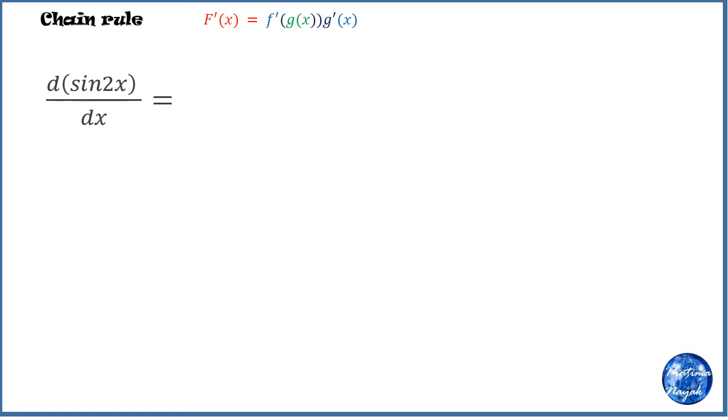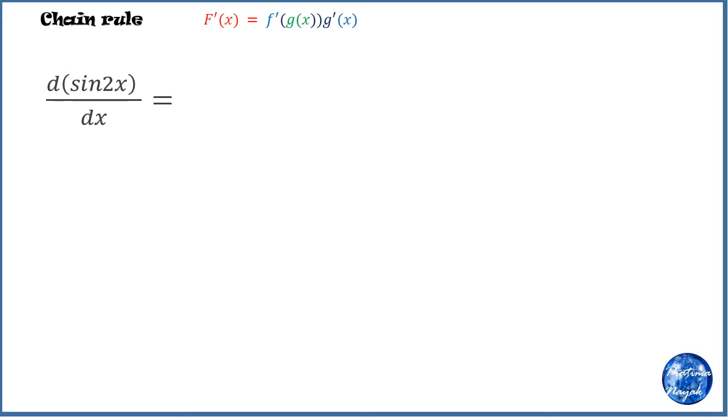So the function is now sin 2x. It is not simple sin x, it is sin 2x. So it is a composite function. Here the outer function is sin and the inner function is 2x. First we will differentiate the outer function. The sin function, the derivative is cos.